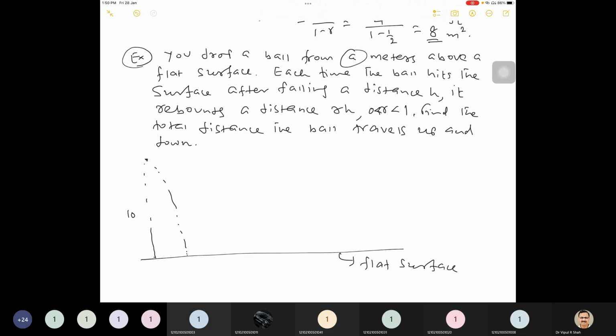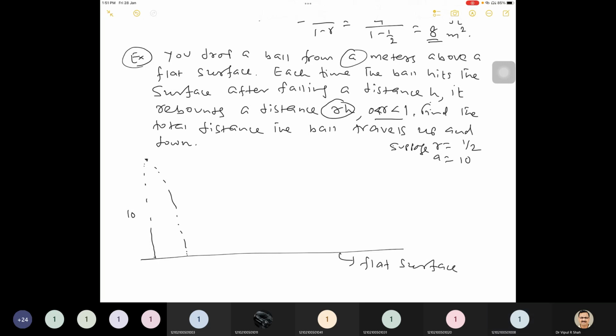Now it rebounds, each time the ball hits the surface after falling a distance h, it rebounds a distance rh, where r is between 0 and 1. So here a is 10, and suppose r is equal to 1 by 2. So first time it comes 10 units. You understand this part?